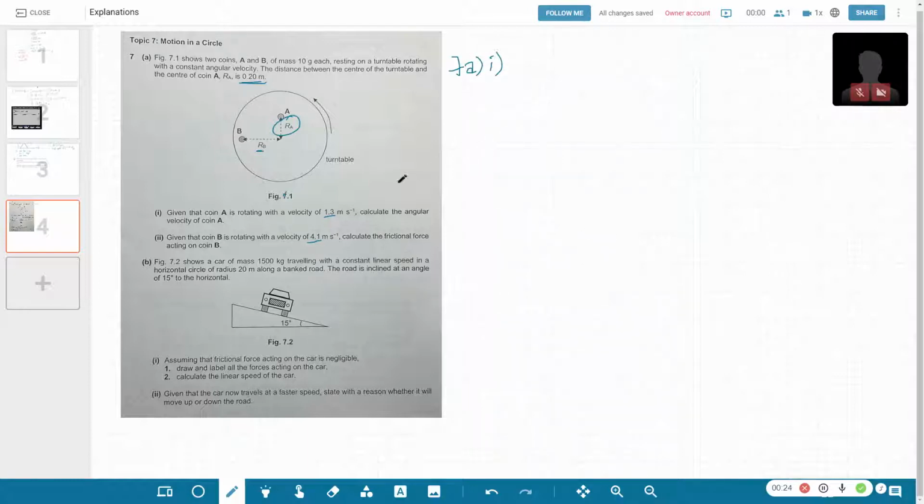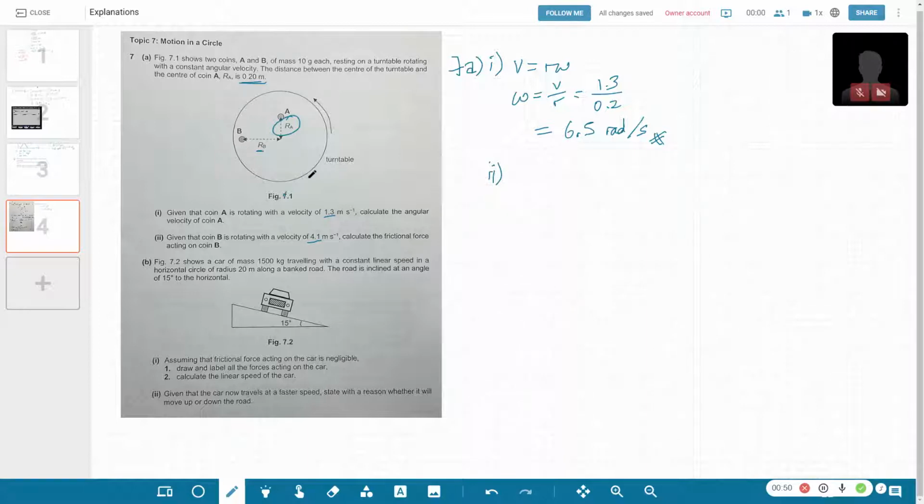A part 1 is pretty simple. We'll be using the formula v equals r omega. So omega is v over r, which is 1.3 divided by 0.2. It's the same as 13 over 2, which is 6.5 radians per second. Okay, part 2.